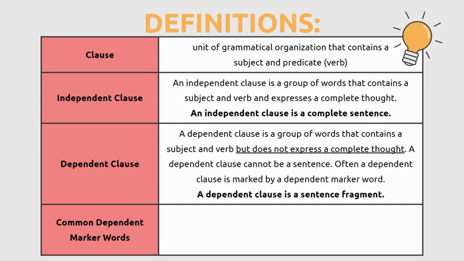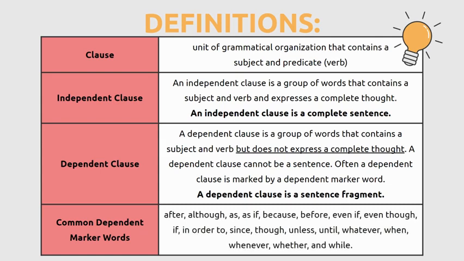All right, so those common dependent marker words, you do not need to memorize these, but you should become familiar with them, right? You should recognize when they're being used. So we have a few here. These are not all of them. We have after, although, as if, because, before, even if, even though, if, in order to, since, though, unless, until, whatever, when, whenever, whether, and while.